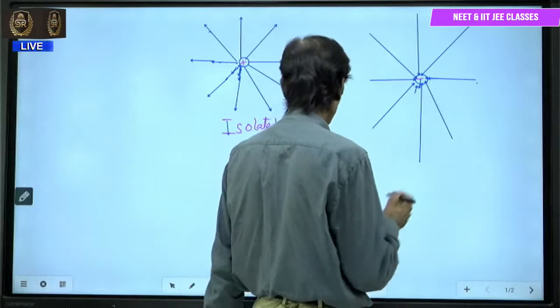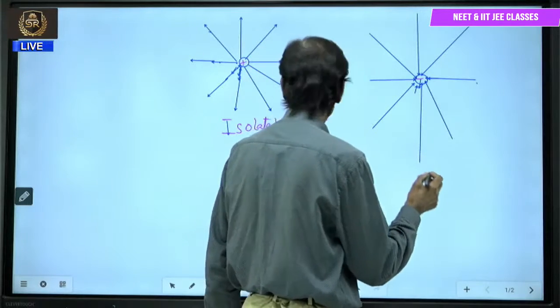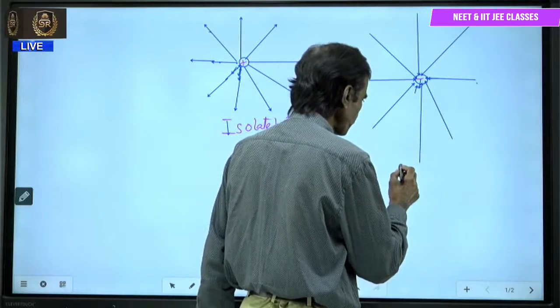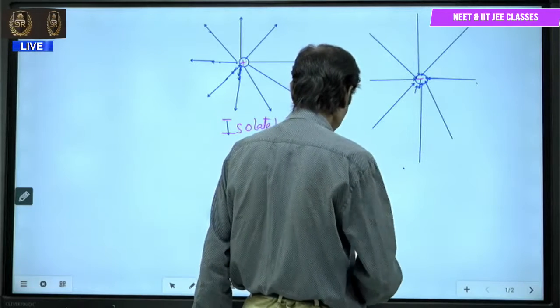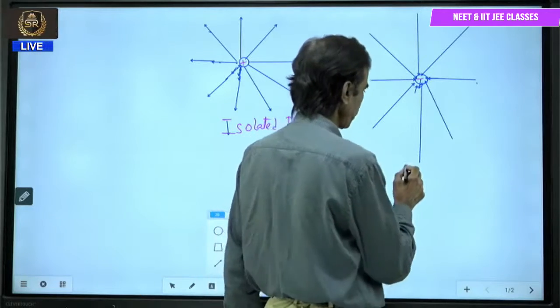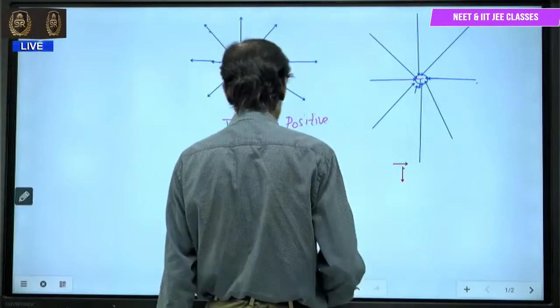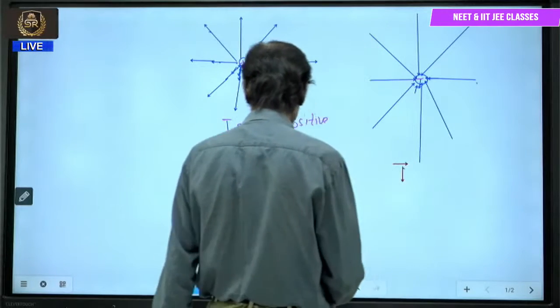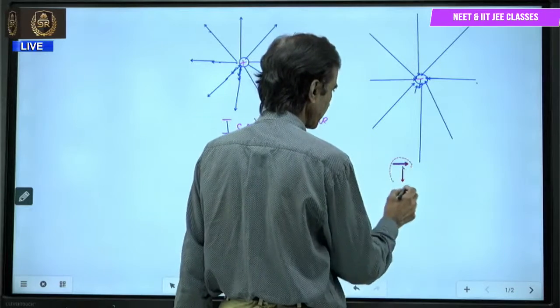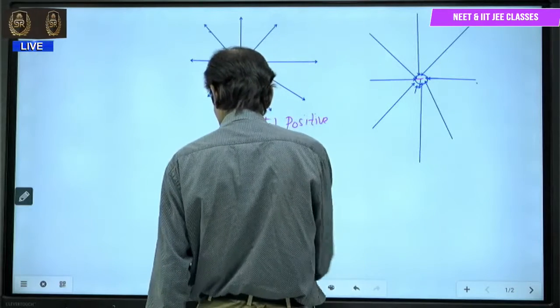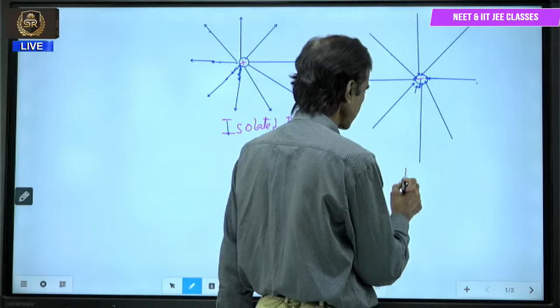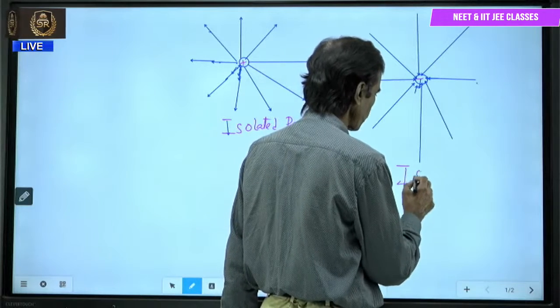So for an isolated negative charge, this will be the field line.